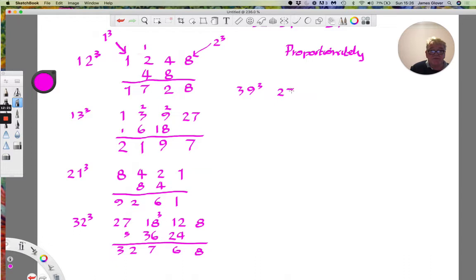Now the proportion here is 1 to 3 in simplest terms. So we multiply this 27 by 3 to give 81. Multiply that by 3 gives 243. And multiply this by 3 to give 729. See, the numbers are quite large here.